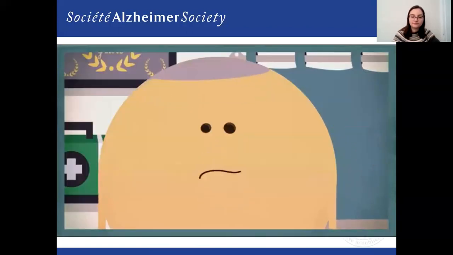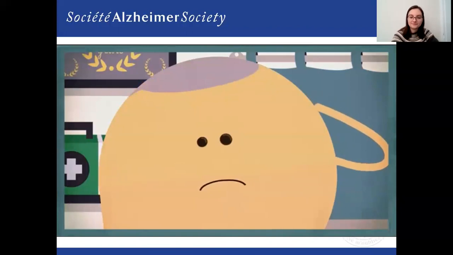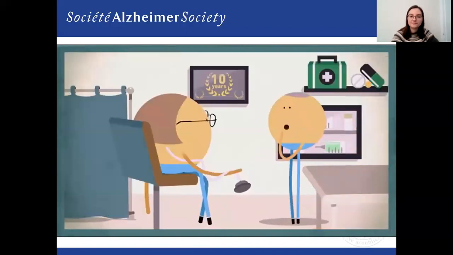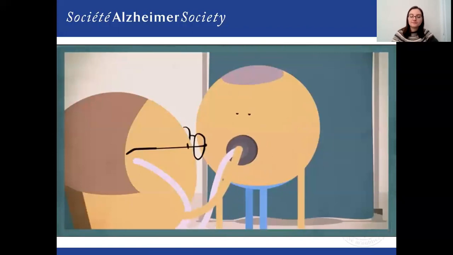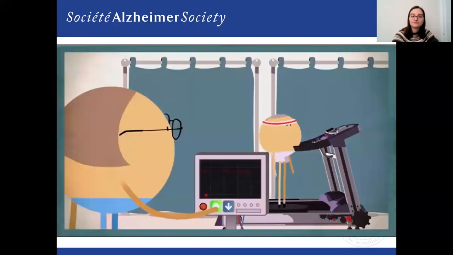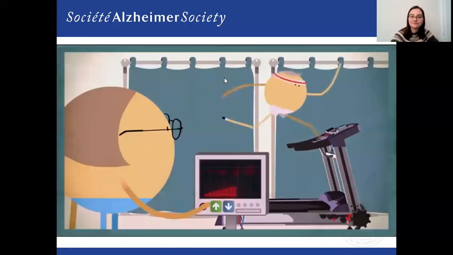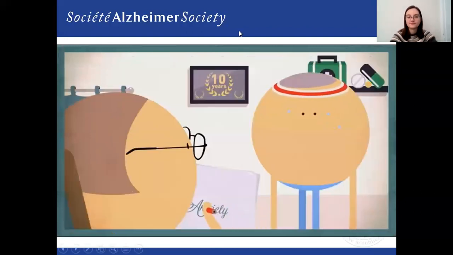Still sound a bit confusing? Okay, think of it like this. You go to your doctor with shortness of breath. To find the cause, she listens to your chest to see if it's due to asthma or pneumonia. And then she checks your heart to see if your breathlessness is caused by heart failure or a very rapid heartbeat. She even asks if you've been worried in case your breathing difficulty is anxiety-related.